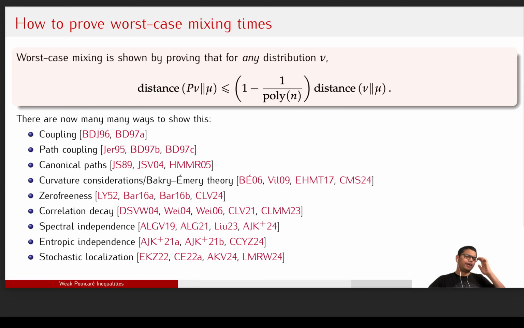And this paradigm has been extremely well studied over several decades, and people across various research communities have developed a large number of tools to prove this kind of a statement for a wide variety of Markov chains to solve many different sampling problems.